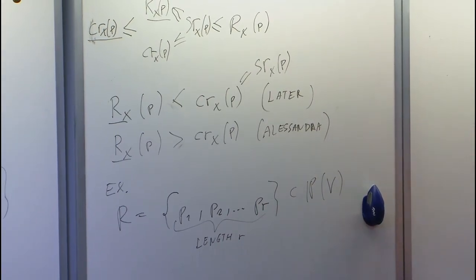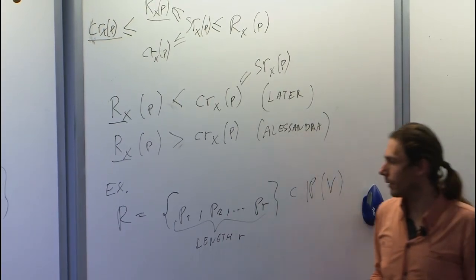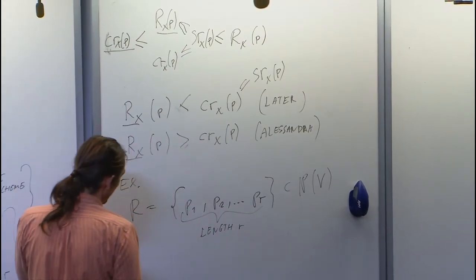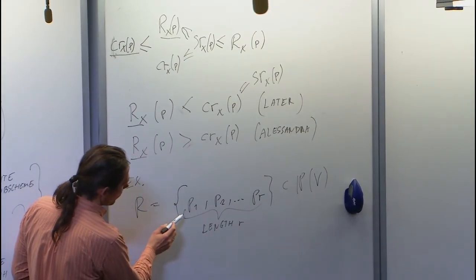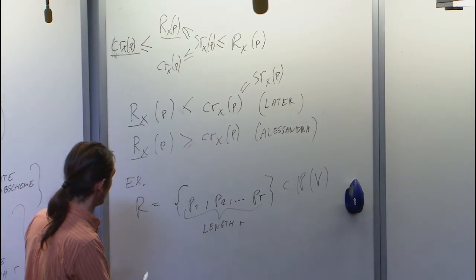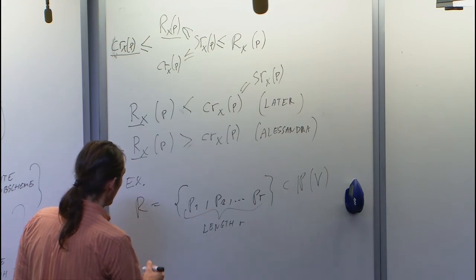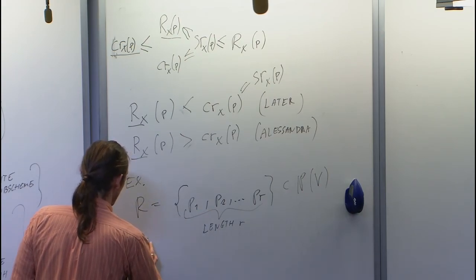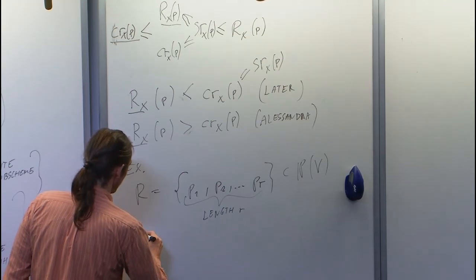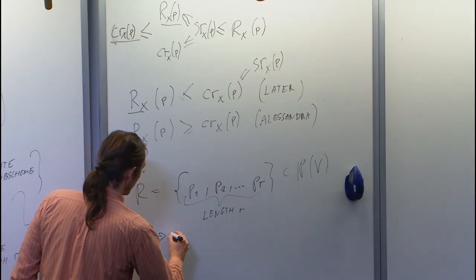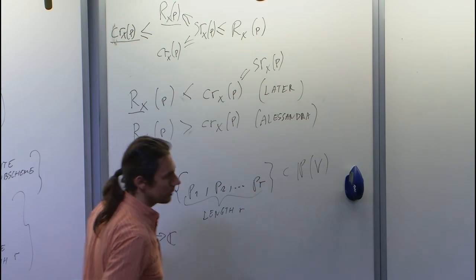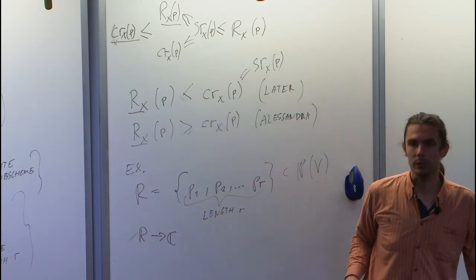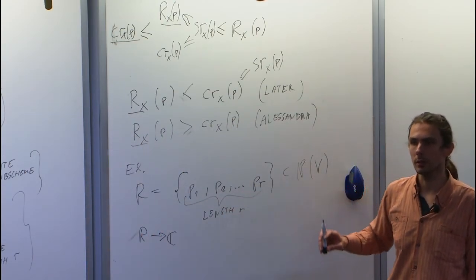And on the other hand, we can look at this finite set as functions from R to complex numbers. Today I'm working over the complex numbers to make some statements easier.